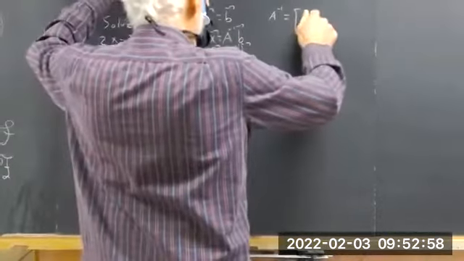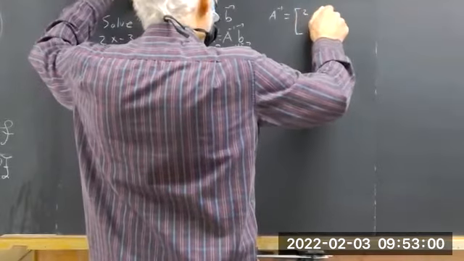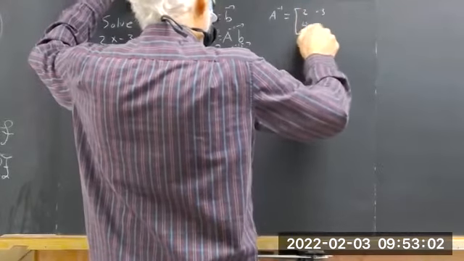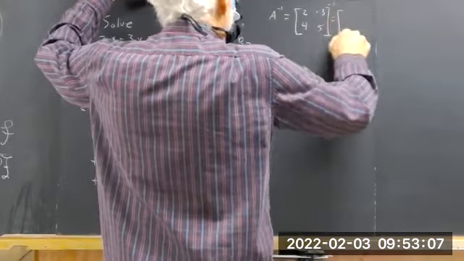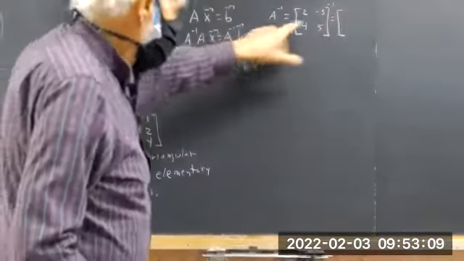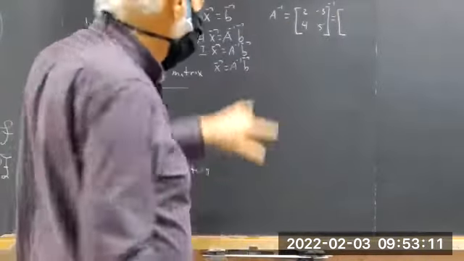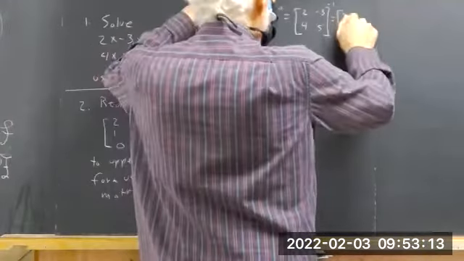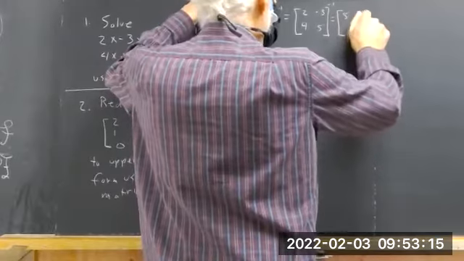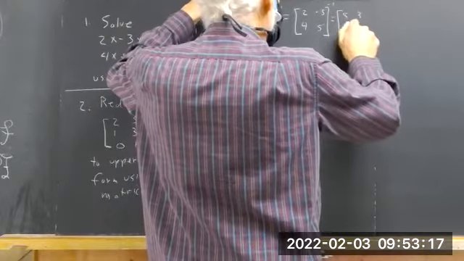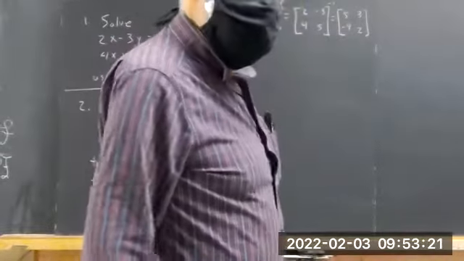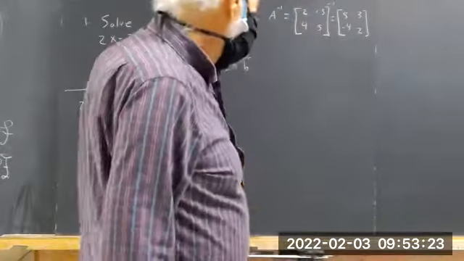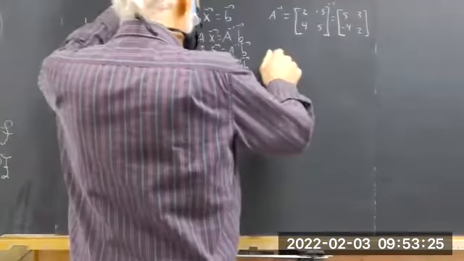Okay, and we'll write it this way. A is this matrix, A inverse is the inverse of this matrix. And we do the inverse by flipping these two, the numbers in the main diagonal, and changing the sign of the secondary diagonal.